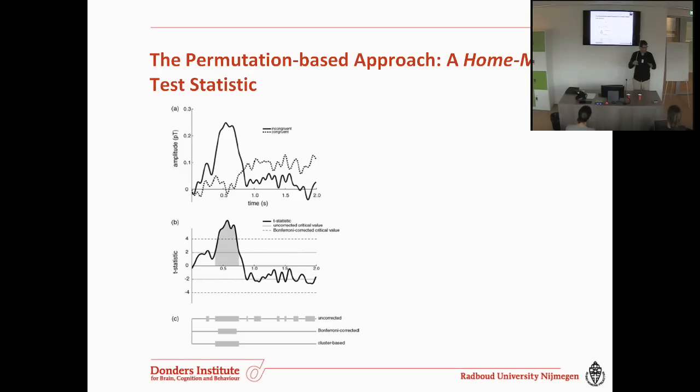You should combine the evidence against the null hypothesis across those adjacent samples. The same holds for space. If you observe an effect over P3, most likely PZ will also give some evidence against that null hypothesis. So it really makes sense to cluster the evidence across time, across space, and across frequency.